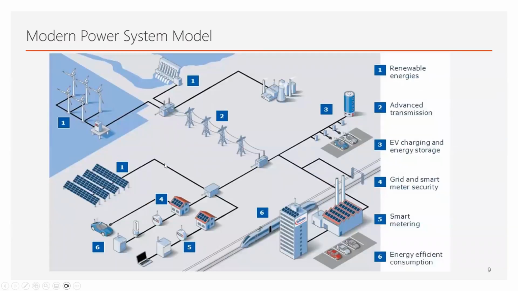So now if we talk about a modern power system model, this is one of them. Similar to a conventional power system, we might have power plants which are very large, but in case of the source, we are not going to use coal or natural gas or diesel.